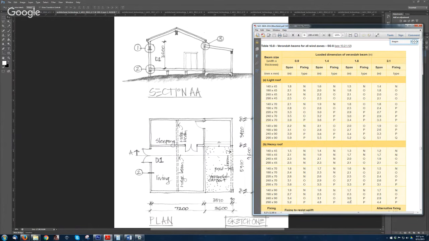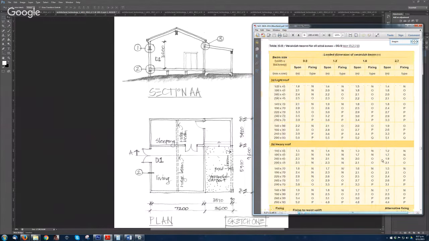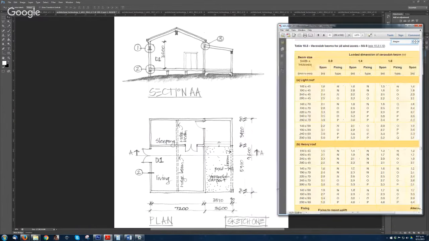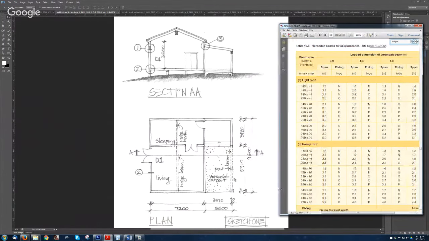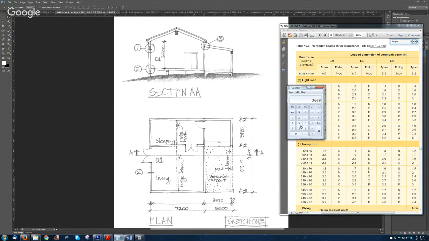Okay, now for the sizing of the veranda beam, that's the table, and the loaded dimension was 1.8, and the roof is still light, it's the steel roof. It needs to span, the span of the veranda beam is only this part here, because it's supported by the post, and the posts are at half of that, so it's going to be 10 divided by 2.